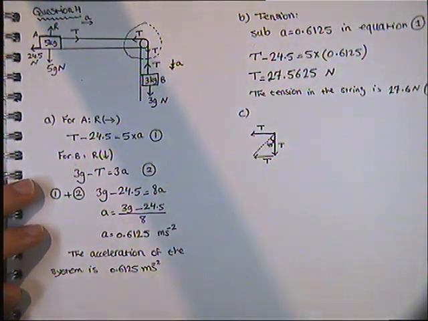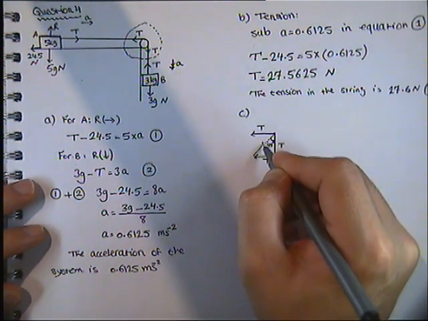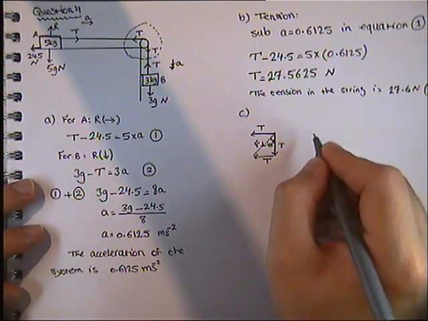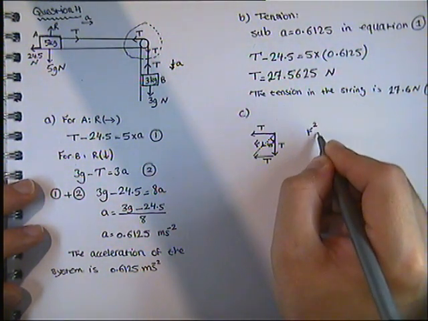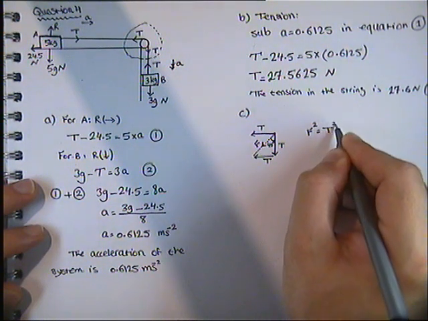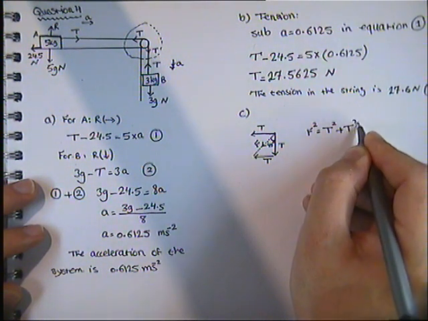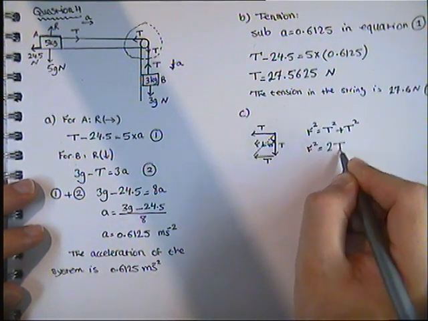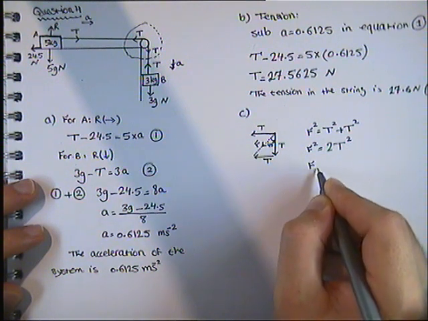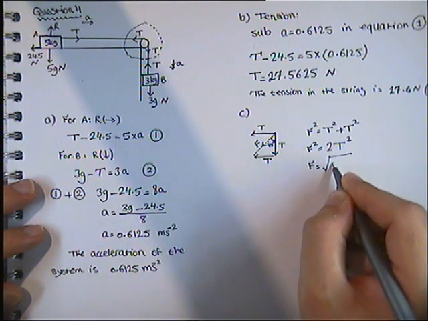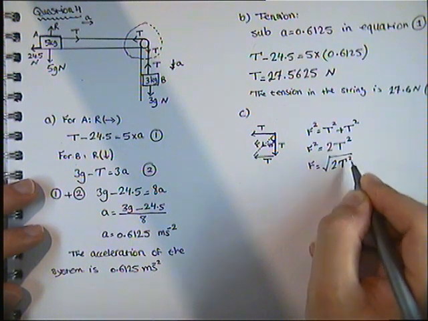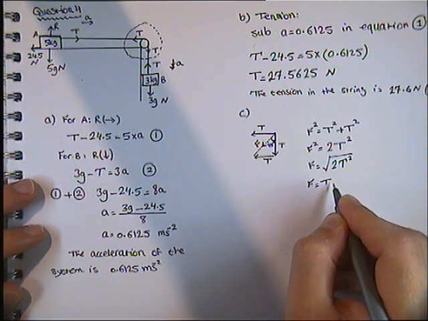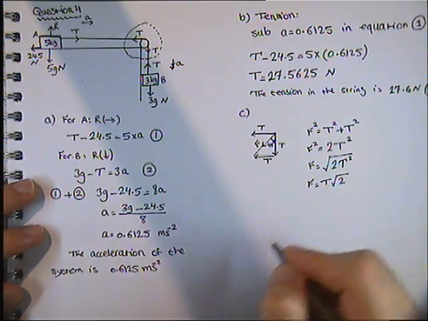I call this force F. By using Pythagoras, F squared is equal to T squared plus T squared. F squared is equal to 2T squared. F is equal to the square root of 2T squared, so F equals T times root 2.